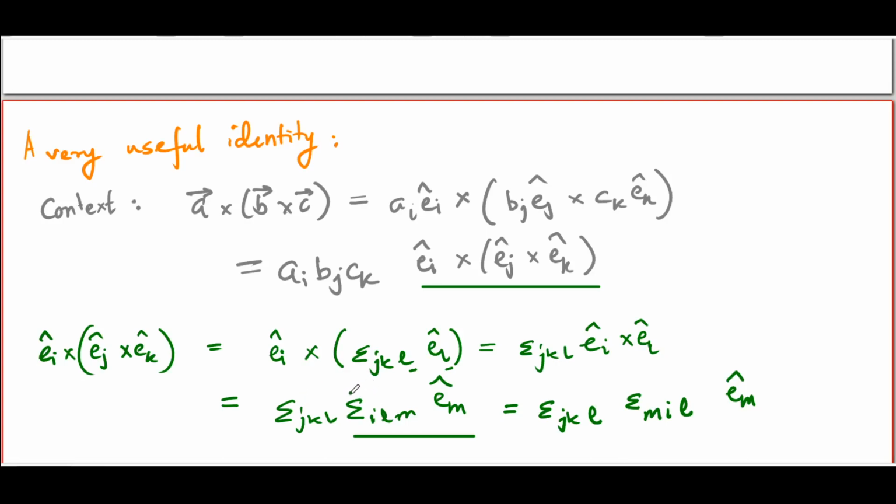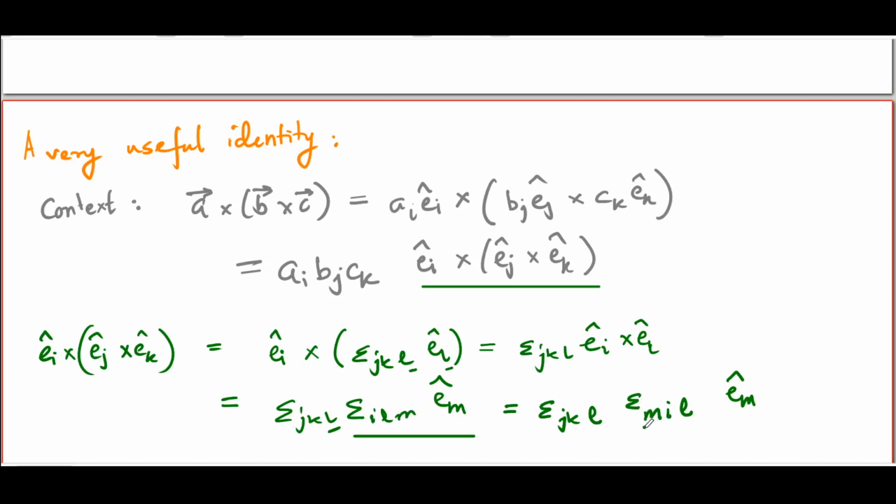As I've said, it's not just a product, it's a product on which a summation over L has been implied. Now in this form, the L is in two different places, at the end here and in the middle here, and in this form it's a bit difficult to keep track of things. So what I will do is I will move the L in this epsilon symbol to the back by cyclically permuting all the indices.